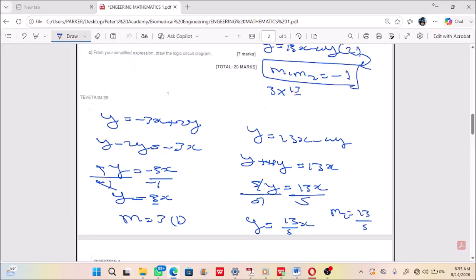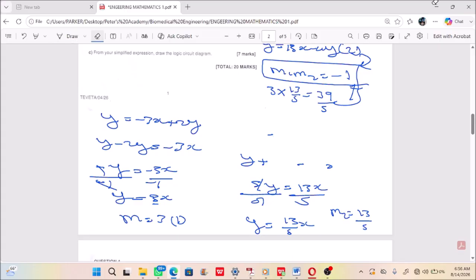What is 3 times 13? That is 39, so it will be 39 over 5. And 39 over 5 is not equal to negative 1. Therefore, these two equations are not perpendicular to each other.